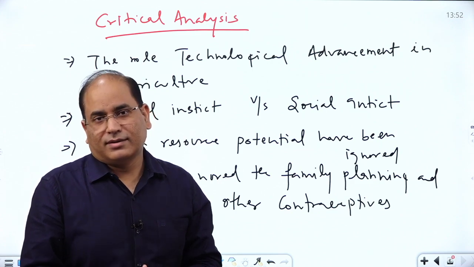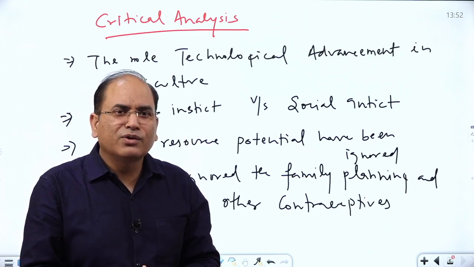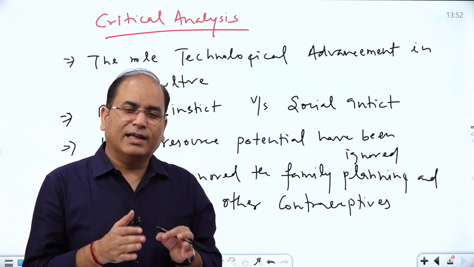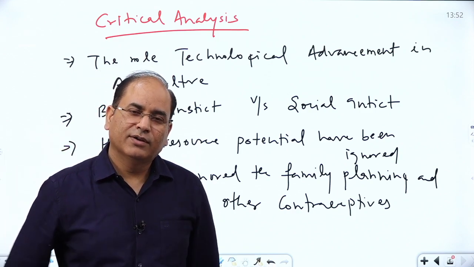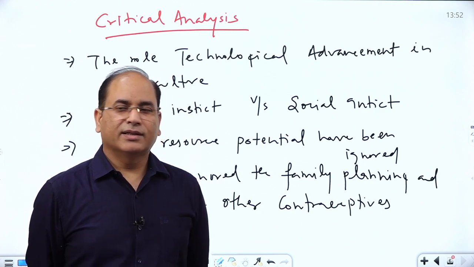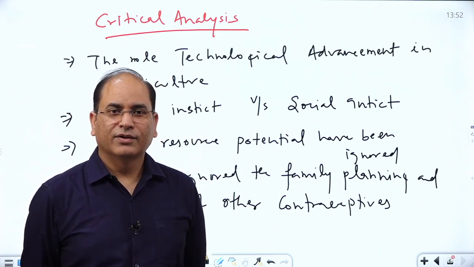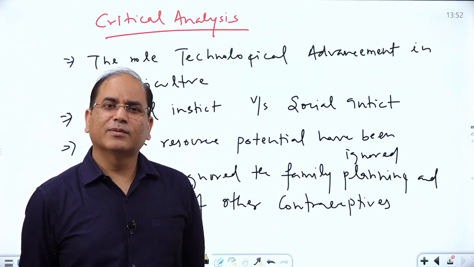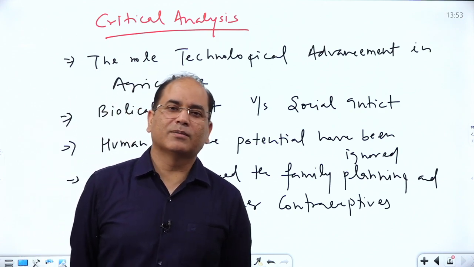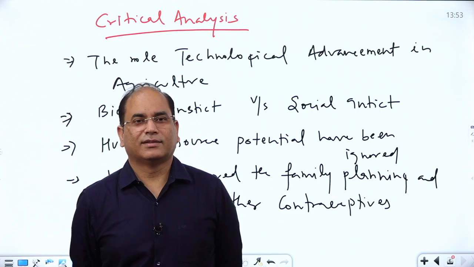Then when we start looking at the positive checks, what are the positive checks? War. War is not because of population. In fact, in the present time, if you look at the clash between Iran and Israel, or between Russia and Ukraine, do you think it is simply because of population? That population growth is very rapid and because of that countries are going to war?